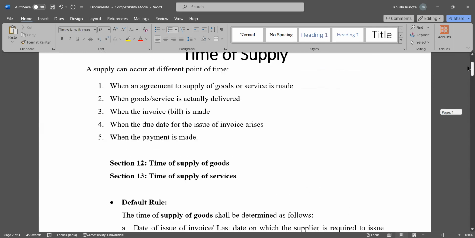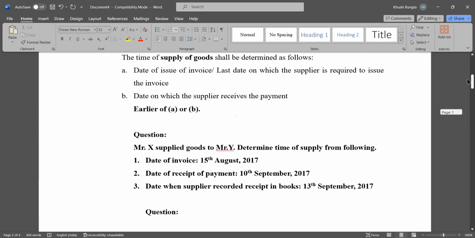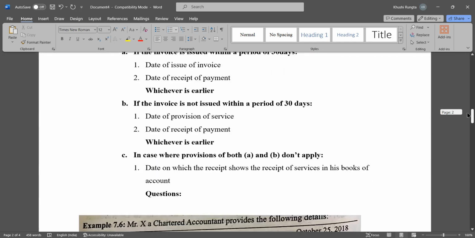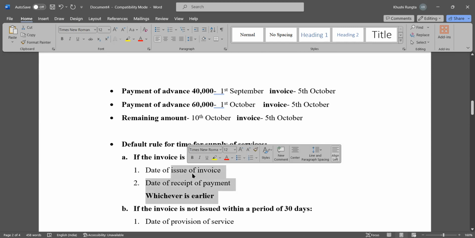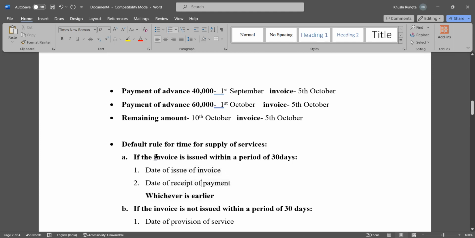Same as the default rule of supply of goods. Okay, this is same. Whichever is earlier will be the time of supply, but only when the invoice is issued within the period of 30 days.